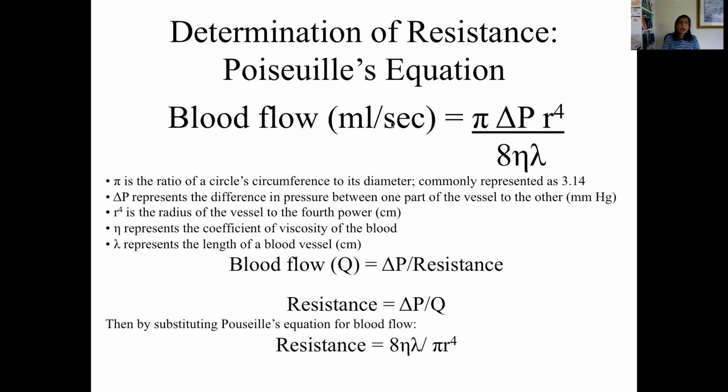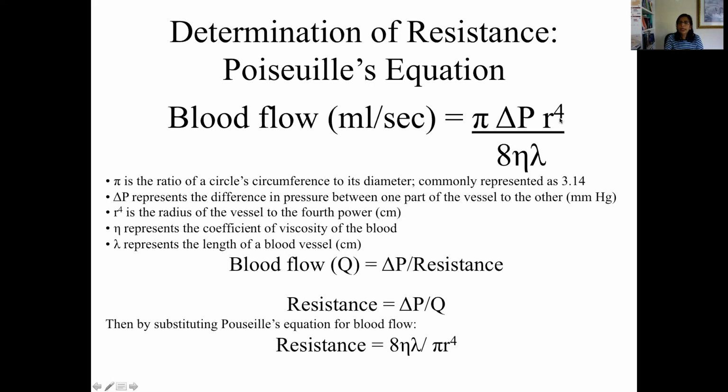So let's talk about blood flow, that is in milliliter per second. Here you have pi, delta P, that's the difference in pressure in the vessel, the radius to the power of 4, and 8 is a constant number, eta and lambda. So that is where you want to talk about which one is which. Radius is probably the most critical of the factors, all right?